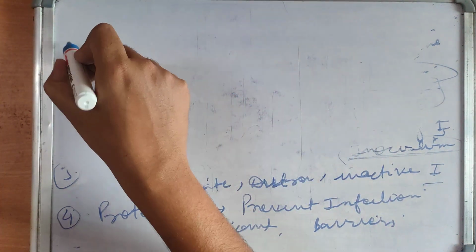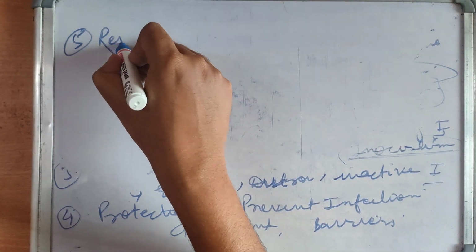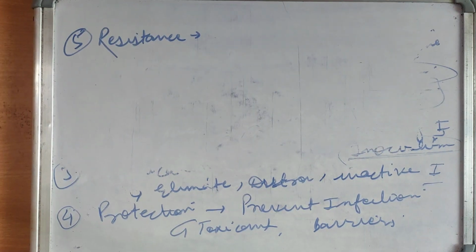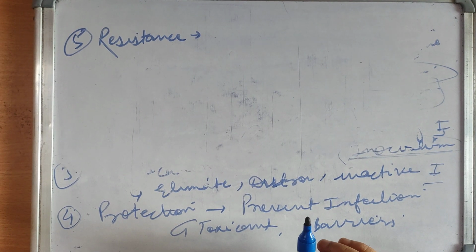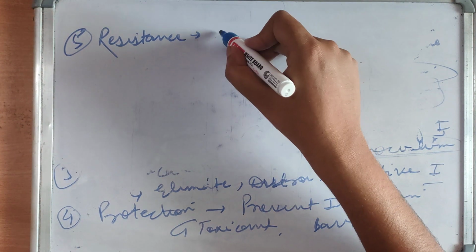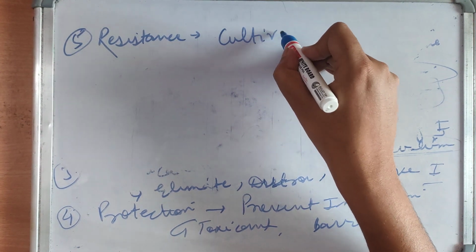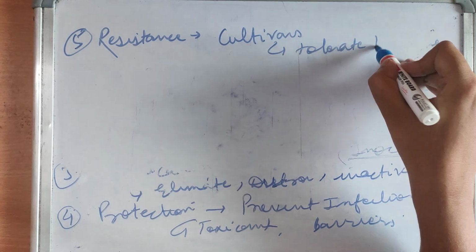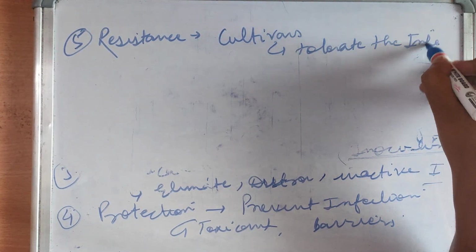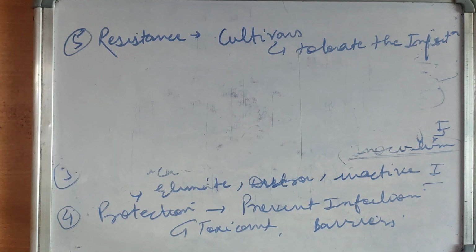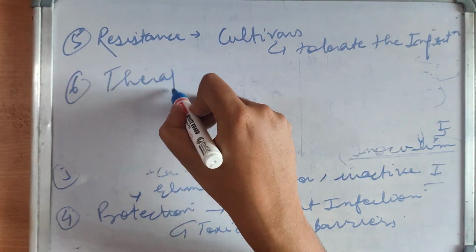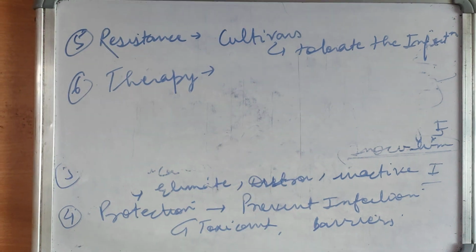Number 5 is resistance, that is, utilize cultivars that are resistant or tolerant of infection. Utilize resistant cultivars, that is, they can tolerate the infection. Number 6, you can do therapy: cure plants that are already affected.